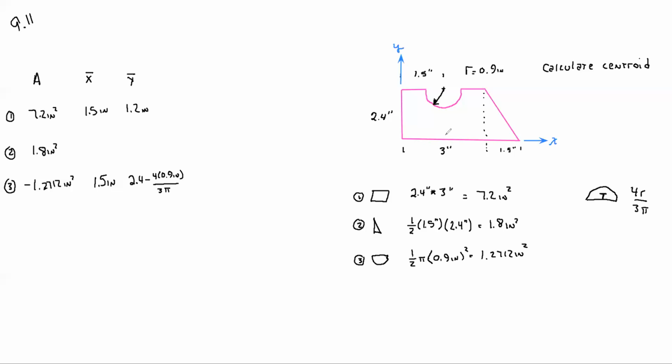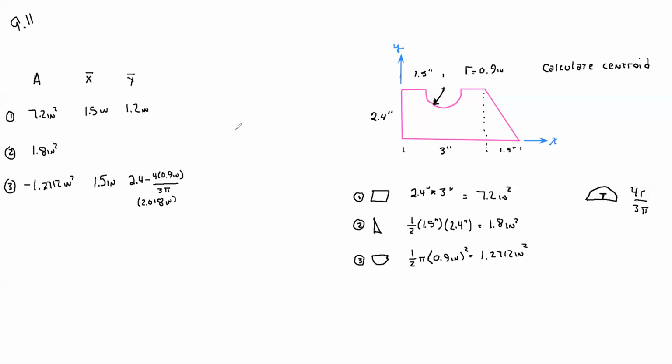In other words, go all the way to the diameter of the circle and then subtract the 4r over 3 pi. That's the approach that I took for what it's worth. And if you do that, you get 2.018 inches. I'm going to put it down here. 2.018 inches.